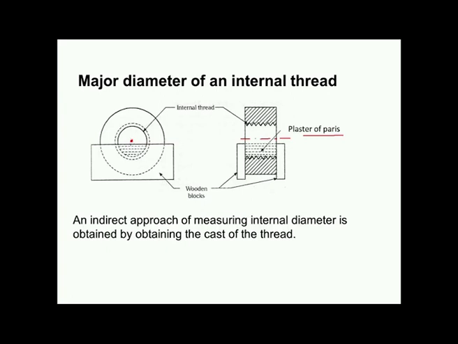Such care should be taken, so that we can easily remove the solidified plaster of Paris. Now, this casting will have the thread profile, and then using the bench micrometer, we can measure the major diameter of internal thread.